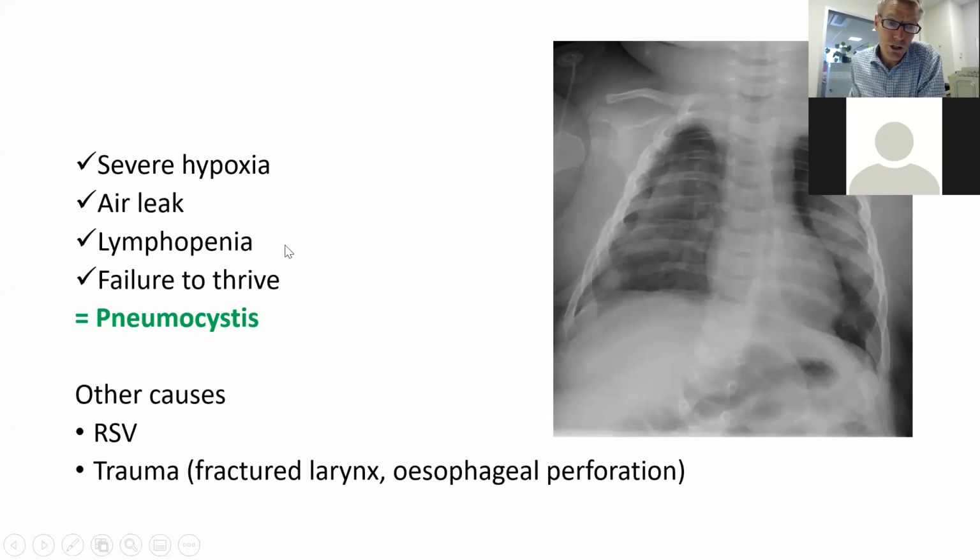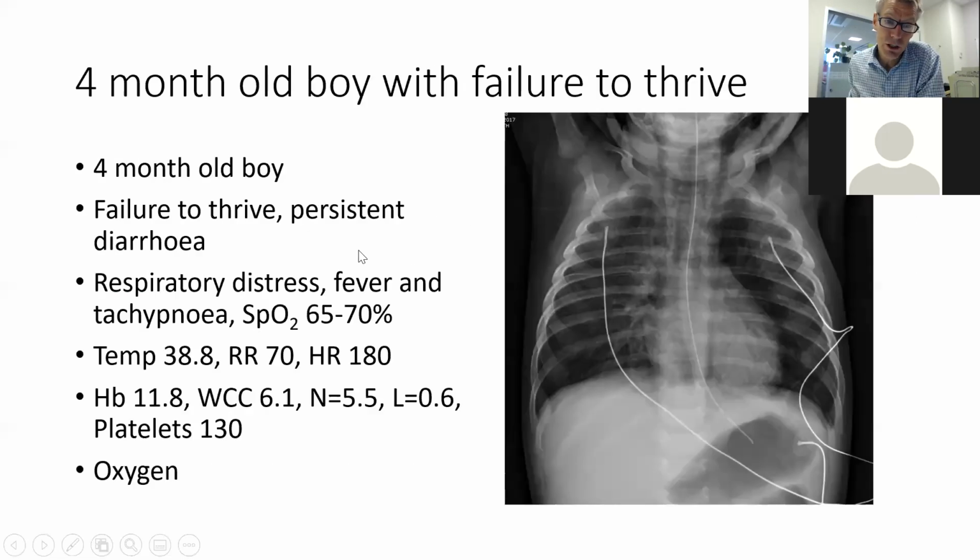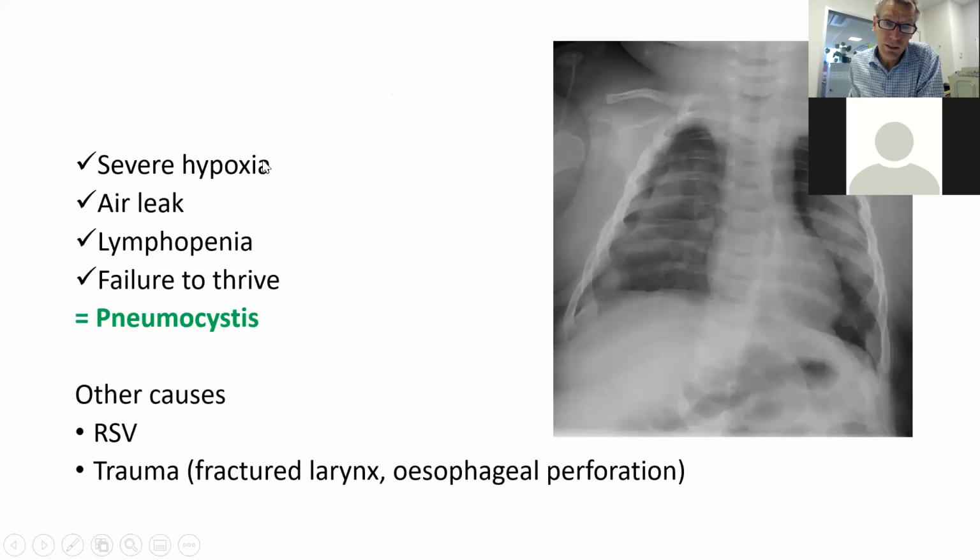Now, I showed you the full blood examination of this child before, and when you look at it, the hemoglobin's normal, the white cell count's normal, the neutrophils are normal, but the lymphocytes are very low. And when you see that combination with severe hypoxia, air leak, lymphopenia, and especially failure to thrive, then that adds up to most likely pneumocystis.